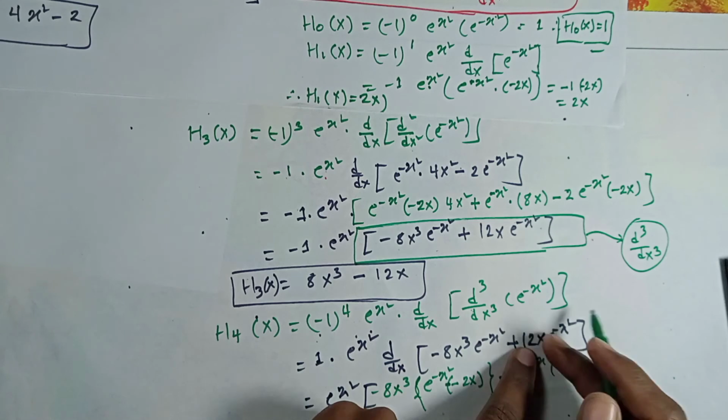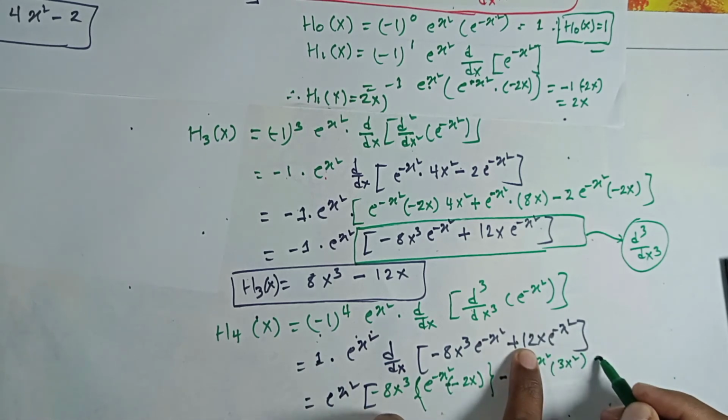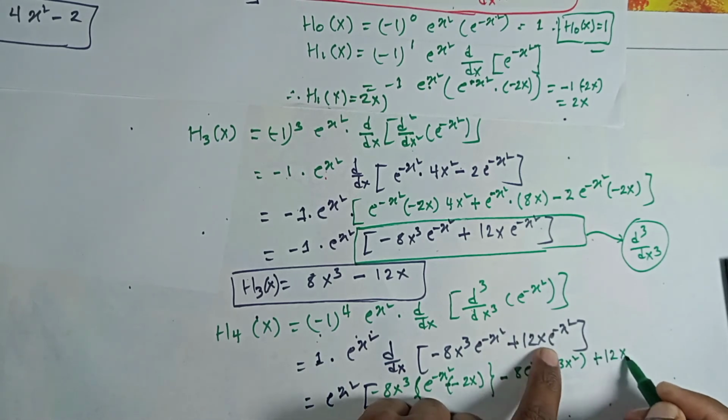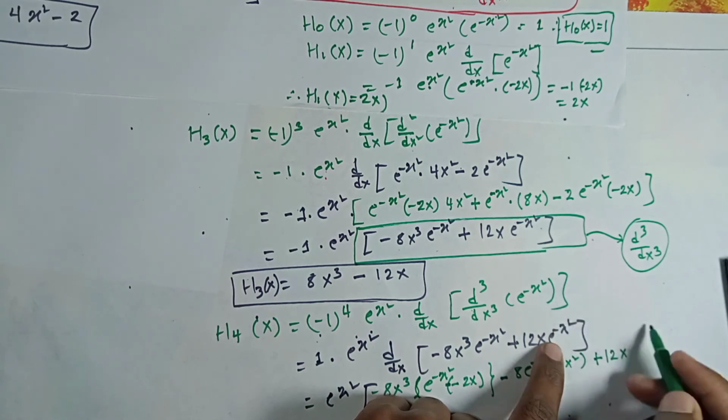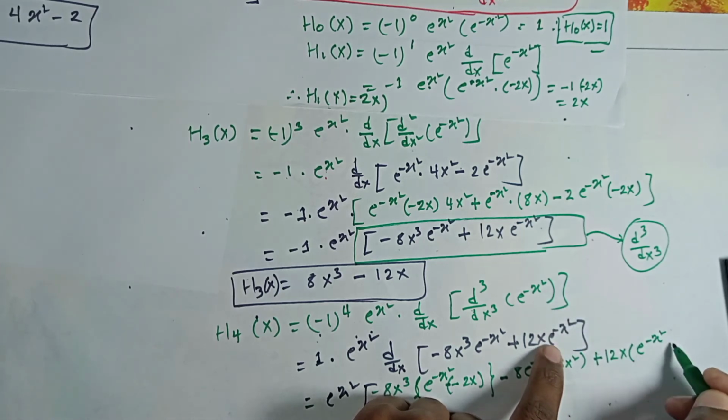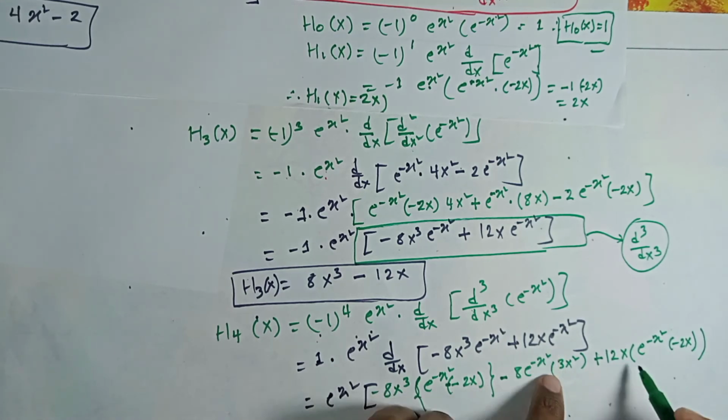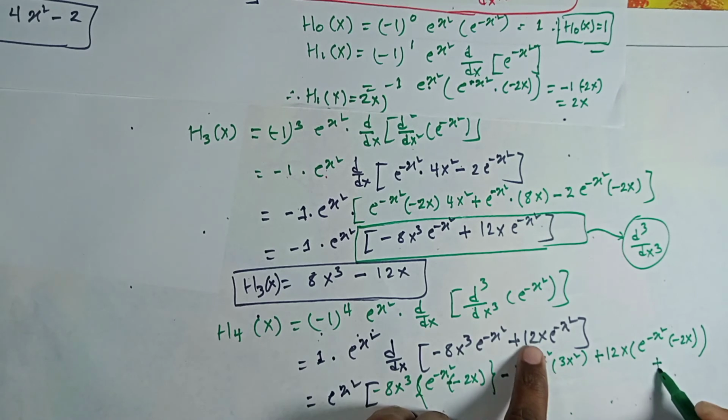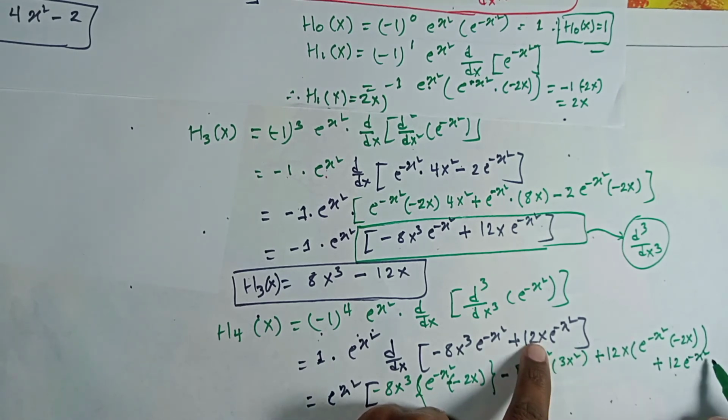Okay, plus differentiate of this, that is nothing but plus 12x e to the power minus x squared differentiate, that is nothing but e to the power minus x squared into minus twice x. Okay, plus 12 e to the power minus x squared, differentiate of x is nothing but 1.